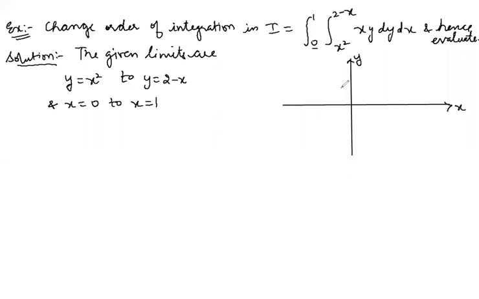This is the parabola. What type of parabola? It is an upward parabola. And this is the line y is equal to 2 minus x, that is, x plus y is equal to 2.